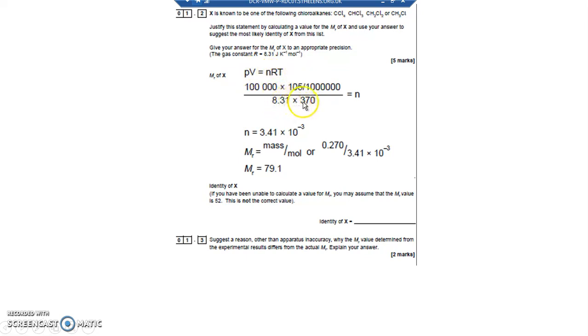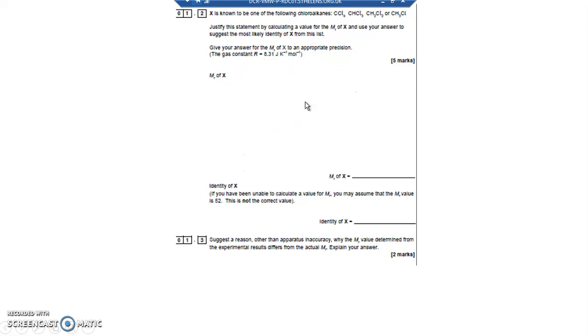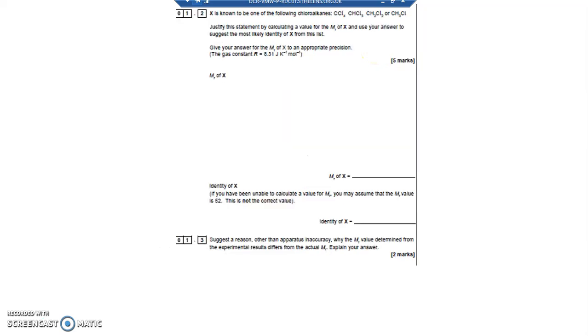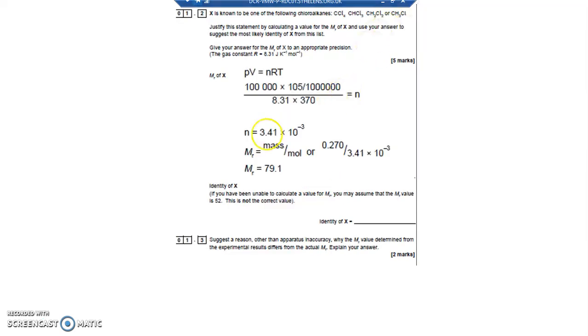R is 8.31, and my temperature needs to be in Kelvin. It's given as 97 degrees C, so I need to add on 273, which comes out to 370. I can work out n, 3.41 times 10 to the minus 3. So now I've got the number of moles of gas, and I can work out MR. Moles is mass divided by MR, so MR is mass divided by moles.